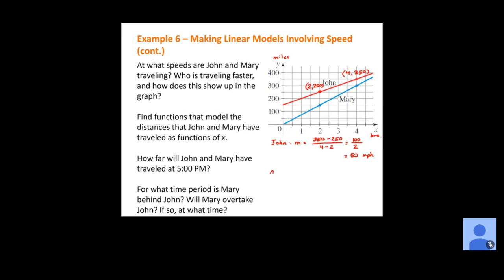Now let's go ahead and get Mary's speed, and that's probably the last thing we'll be able to do. We'll have to come back and finish this one up tomorrow. Again, I'm looking for my slope, so I need the points. I'm going to label those. This first one's at 150. Her other point is at 300.